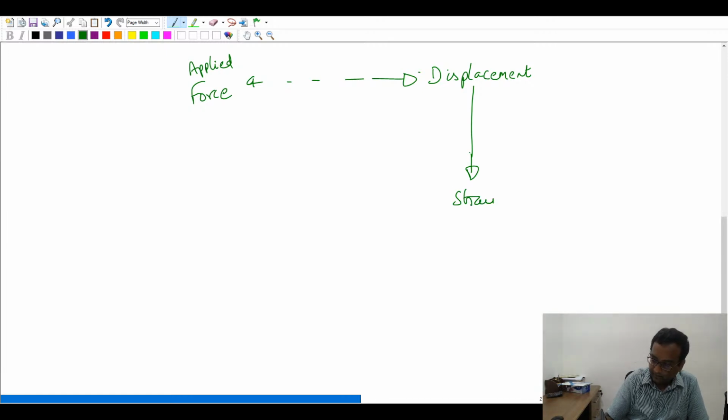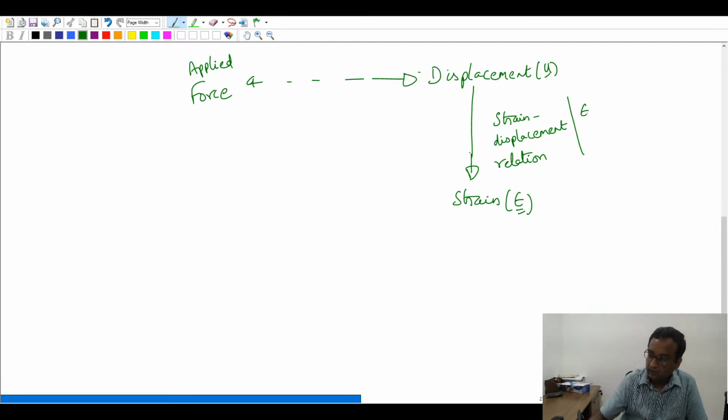strain, and we add a strain displacement relationship, right? What was this relationship? If strain was epsilon and displacement was u, you wrote epsilon as 1 half gradient of u plus gradient of u transpose, right?